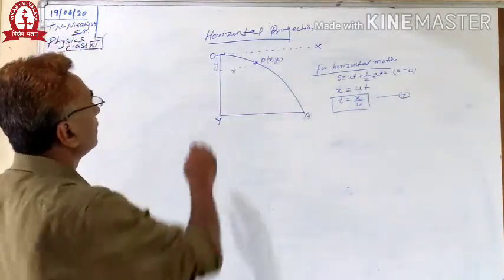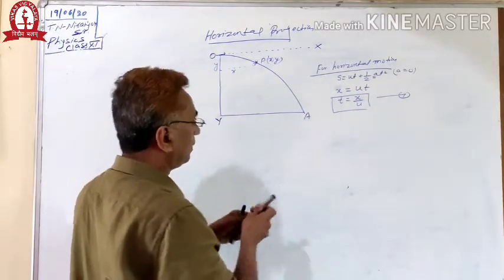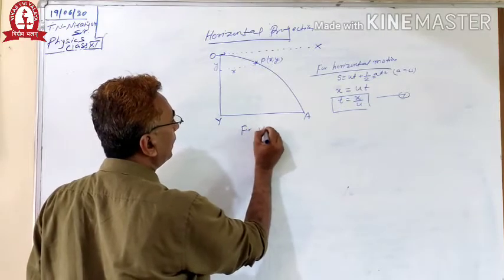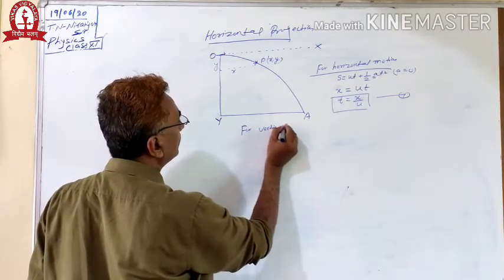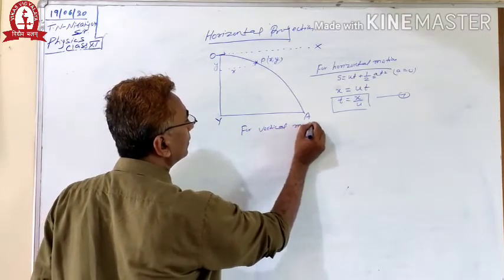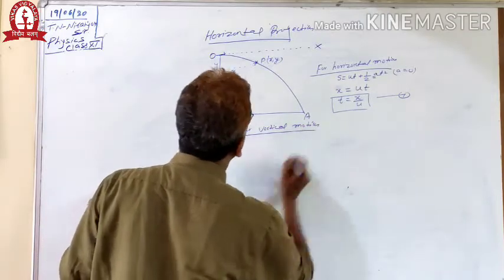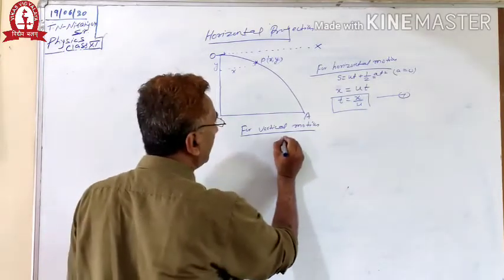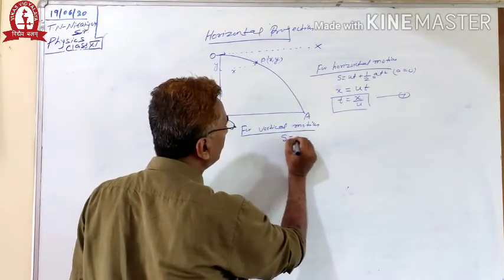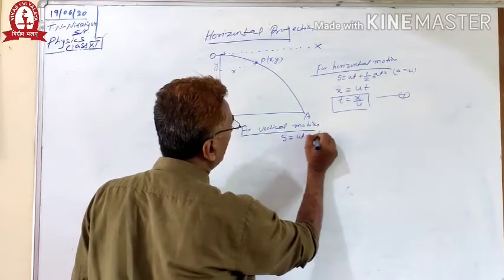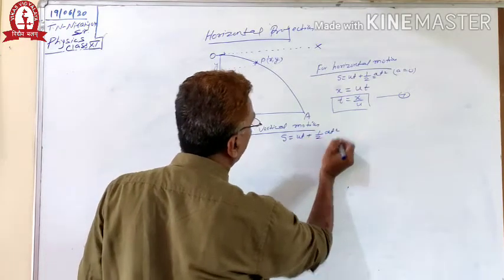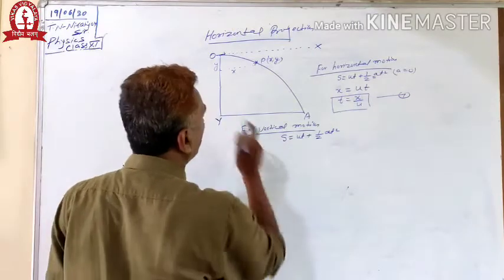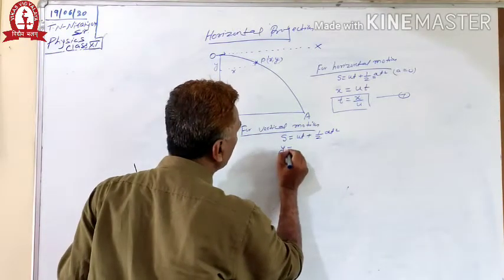Now come to vertical motion. In vertical motion, again the formula that I will apply is S = ut + (1/2)at², right? Here the distance S is y. So y = ut + (1/2)at².